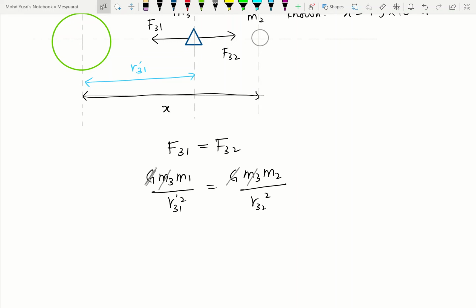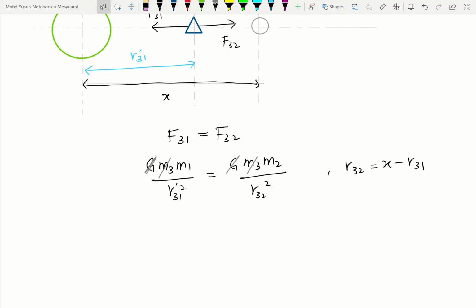Now, from this diagram yang saya sudah lukis, kita boleh nampak bahawa R32 is equals to X minus R31. Okay, then we can substitute this equation into our main equation. So we end up with M1 over R prime 31 square is equals to M2 over X minus R31 square.